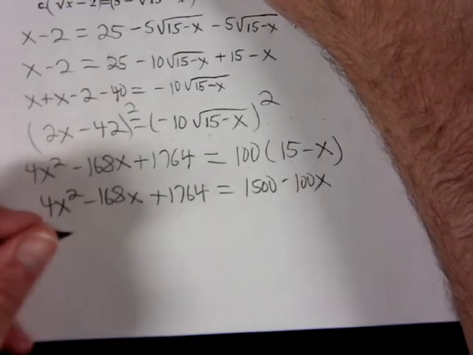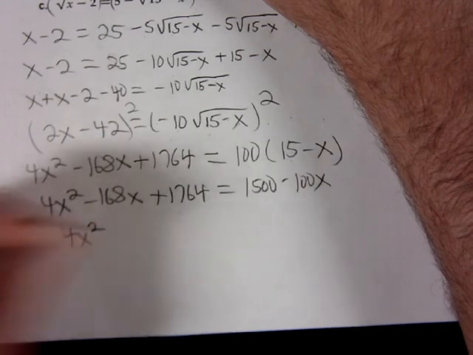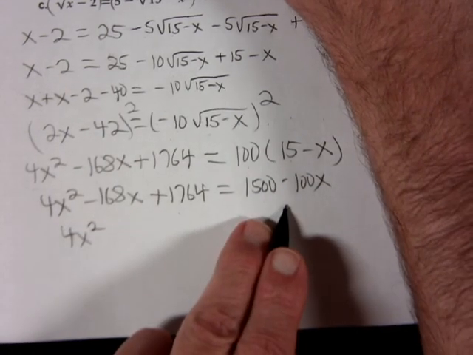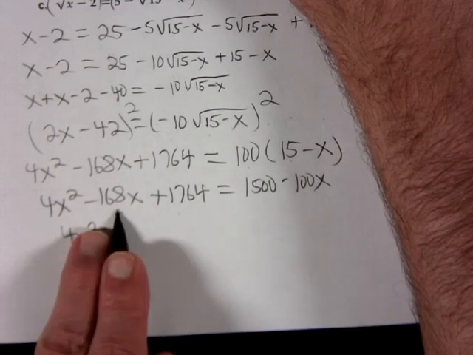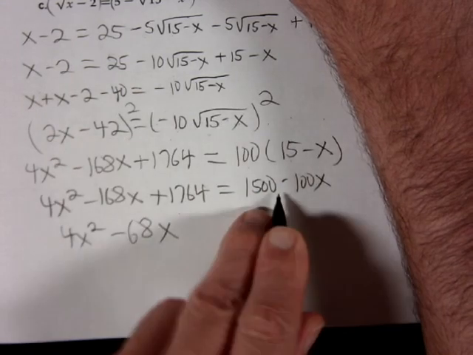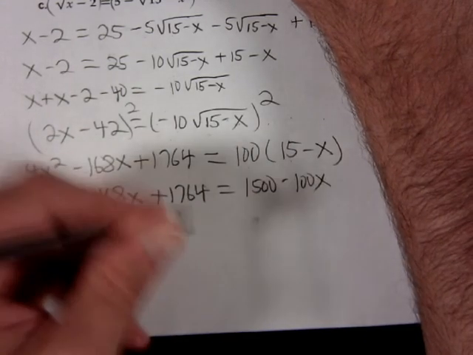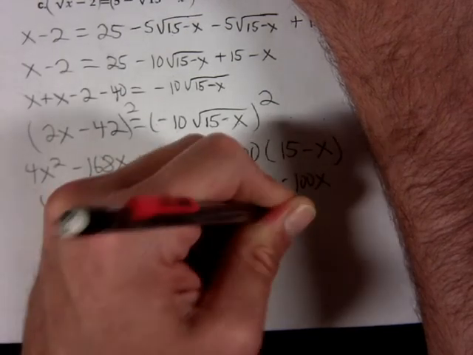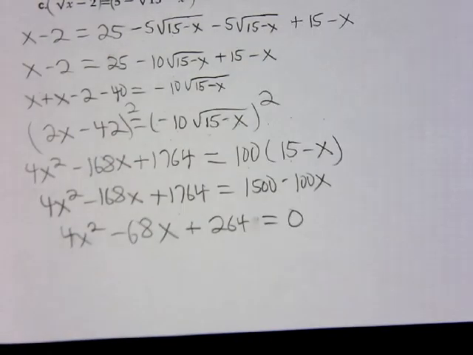So I'll do 4x squared, negative 168x minus 100x. Over here will be plus 100x, so that would be minus 68x. If I subtract 1500 from this, that would be plus 264. Set them equal to 0. And so I'm getting closer here.